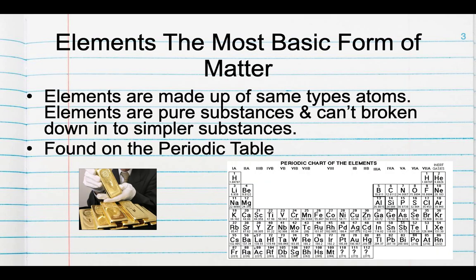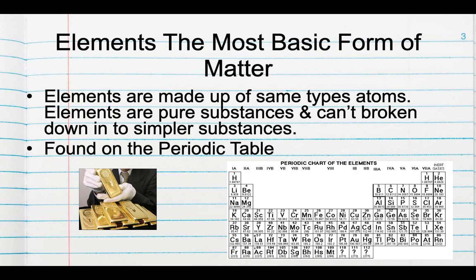But as far as our elements go, they're made of the same type of atoms. They're found on the periodic table, and they can't be broken down into smaller substances. So if I'm filling in my blanks: same atoms, found on the periodic table, can't be broken into smaller substances.